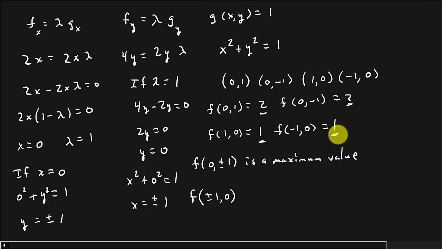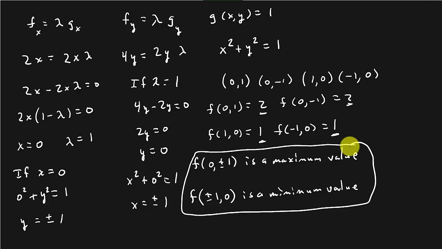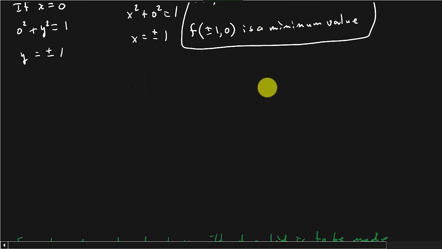See, these are giving me my smallest values. That is a minimum value. And so there's your answer right there. So you can see that's not too bad at all. All right, it's not too bad.